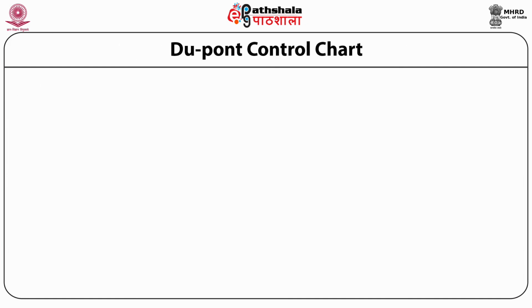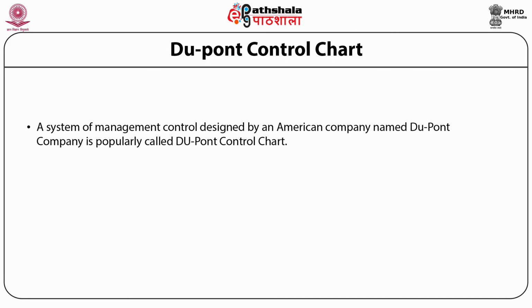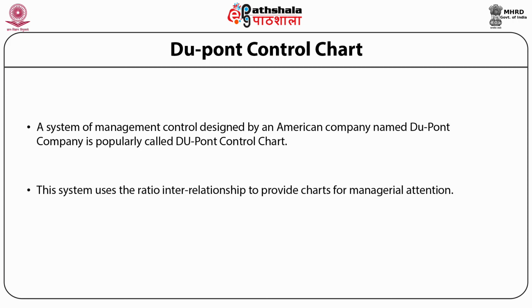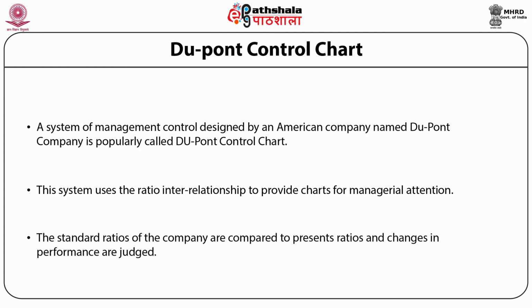DuPont control chart. A system of management control designed by an American company named DuPont Company is popularly called DuPont control chart. This system uses the ratio interrelationship to provide charts for managerial attention. The standard ratios of the company are compared to present ratios and changes in performance are judged.